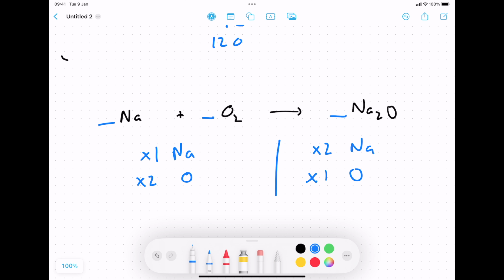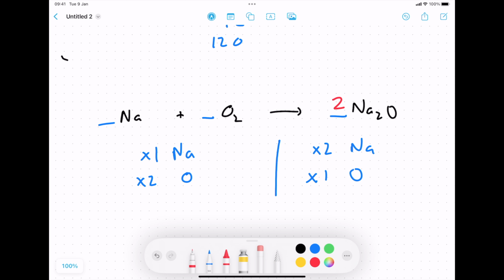So think about what I said earlier. If you put a number before an atom or a compound or whatever is in the equation, the whole thing is multiplied by that number. So the first thing I'm going to start with is the oxygens. There are 2 on the left, and there is 1 on the right. So I'm going to put a 2 on the right.